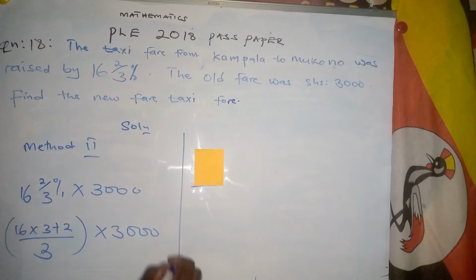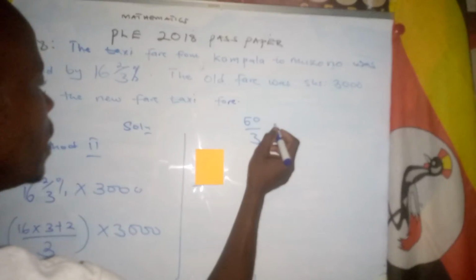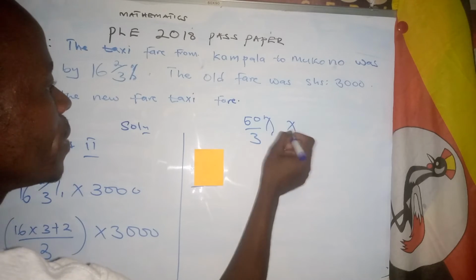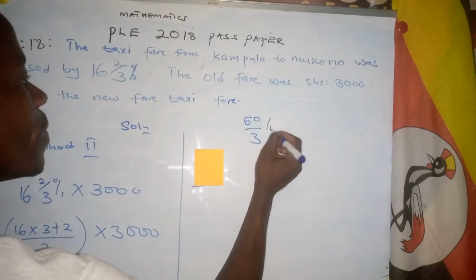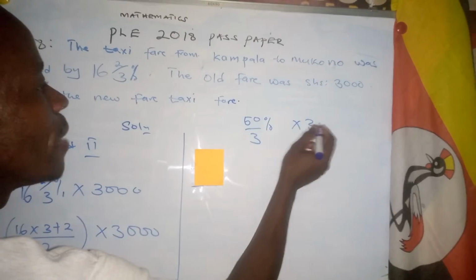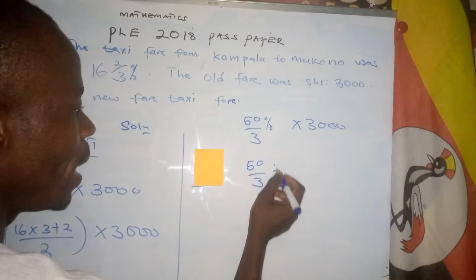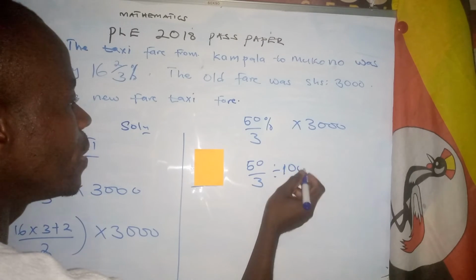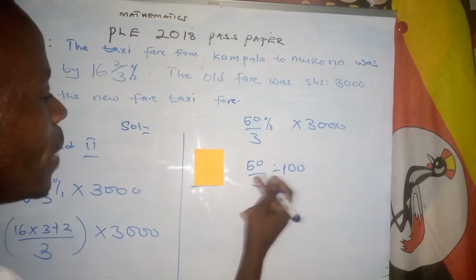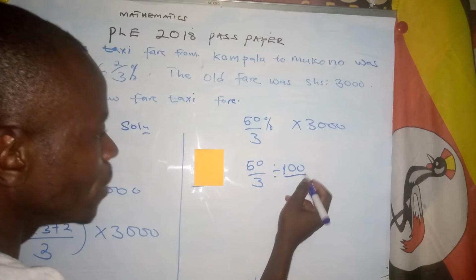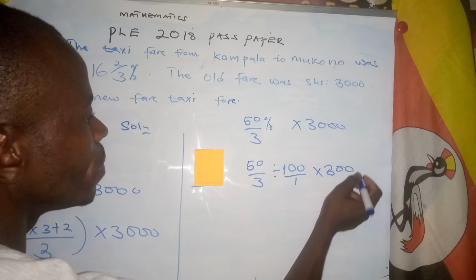16 times 3 gets 48 plus 2, 50. That is 50 out of 3 percentage times 3,000. Here I get 50 out of 3 divided by 100. Remember this percentage is out of 100, so divide by 100. You can make them uniform with all fractions times 3,000.